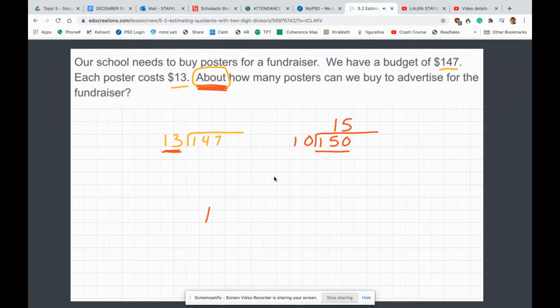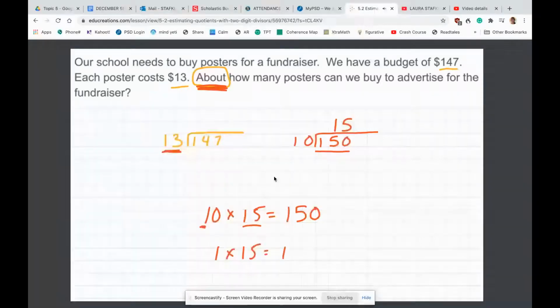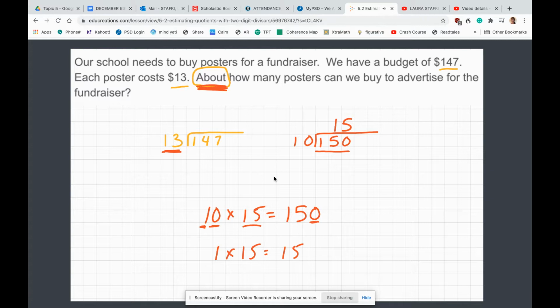I can double check that by thinking 10 times 15 equals 150. Here's my base number, 1 times 15. 1 times 15 equals 15. Now I have to add that place value in. So 10 times 15 equals 150.